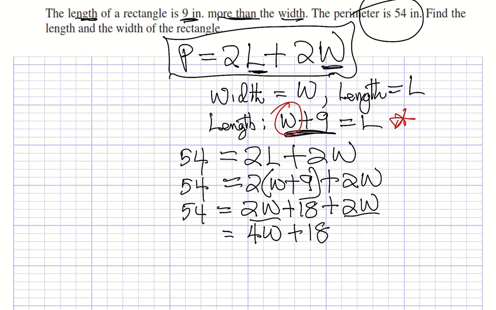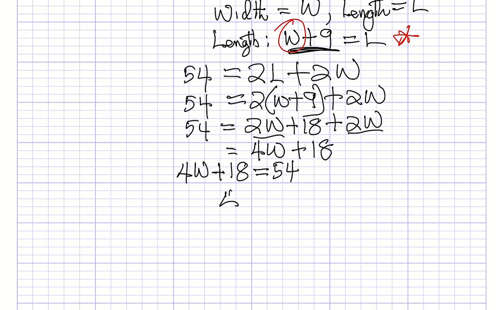Then we move the one with nothing changed. So now we say 4W is equal to 54 minus 18. Are you seeing what I'm doing, right? 54 minus 18.